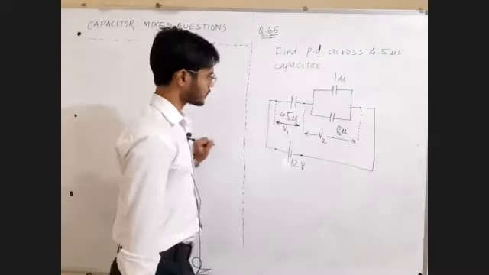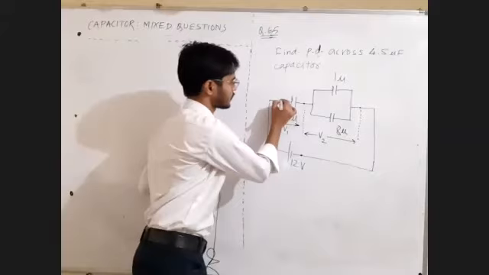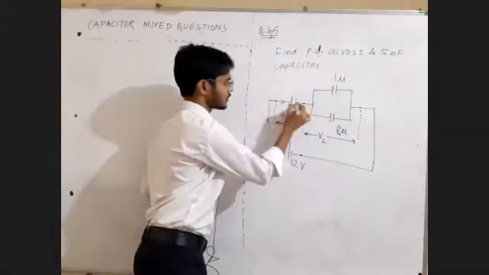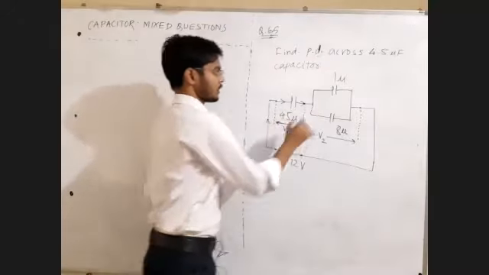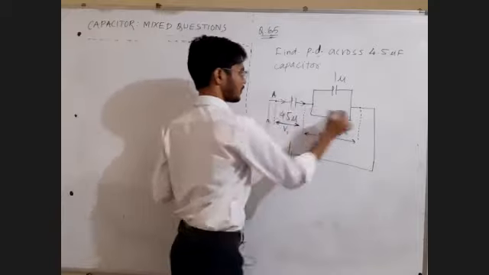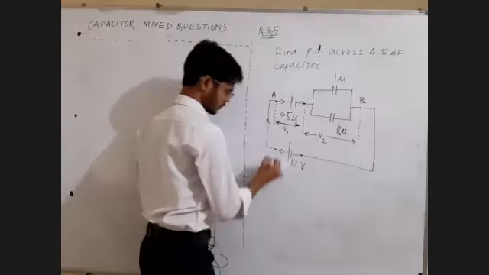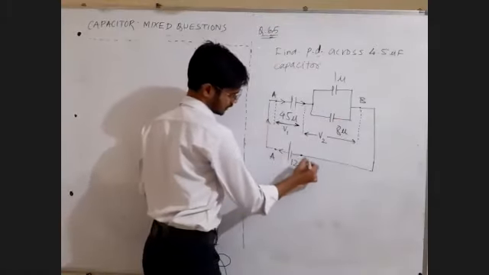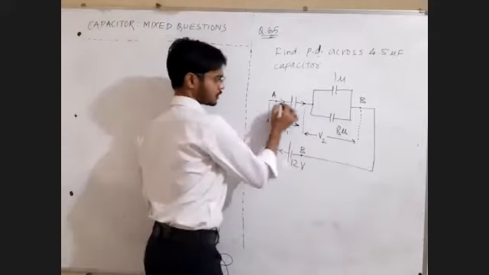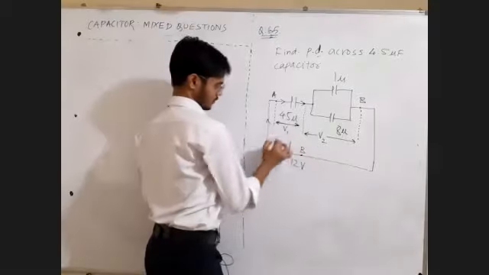Let's try to assign the charge like this. The charge will split here. It starts at this point, let's say A, and this point B. This point is the same, again A, and this point is again B. A is the start point, B is the end point.